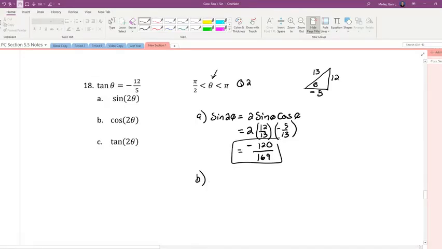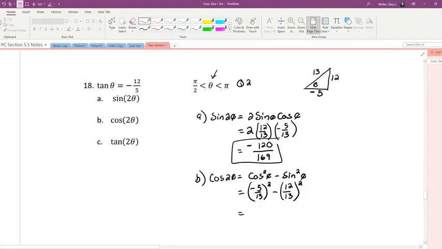Part B, the cosine of 2 theta is cosine squared theta minus sine squared theta. And so the cosine of theta, once again, is going to be negative 5/13, and that's being squared, minus 12/13, and that's being squared.